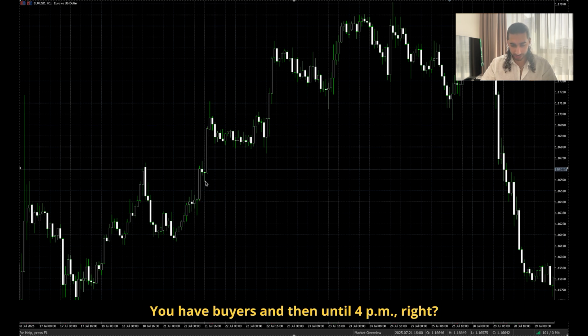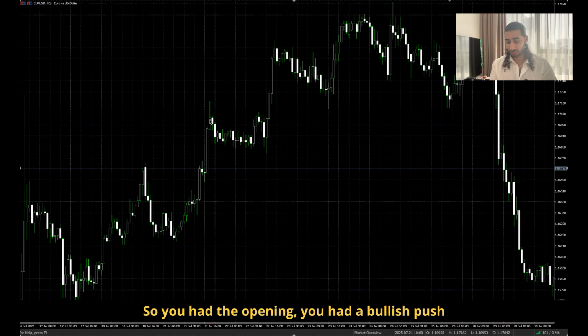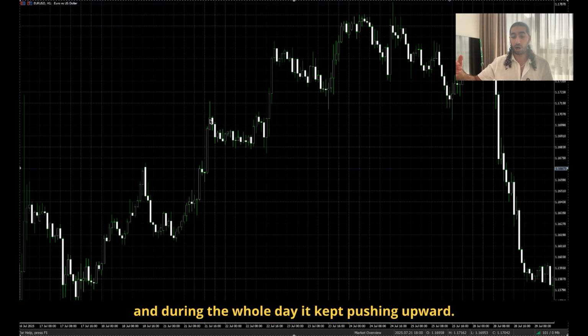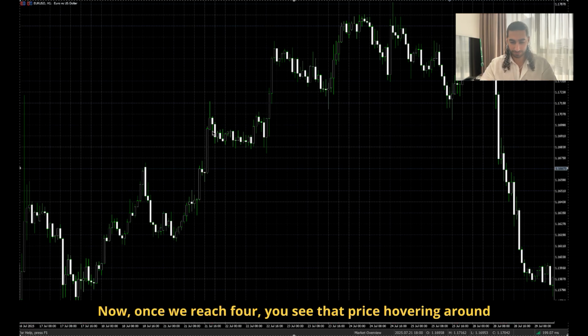You have buyers until 4 p.m. So that whole day from 8 a.m. to 4 p.m., you had buyers, meaning people bought. You had a bullish push around the opening hours, and during the whole day it kept pushing upward. What does that mean? You had a lot of buyers of euro or a lot of sellers of USD.